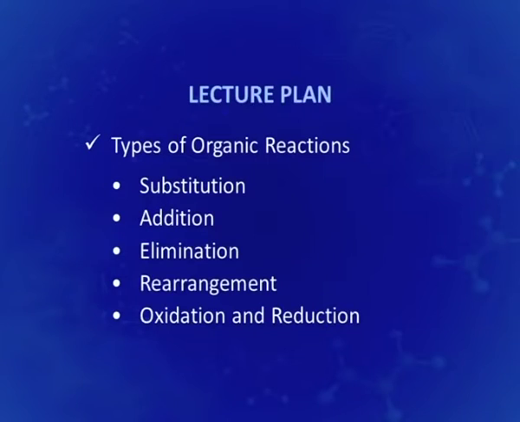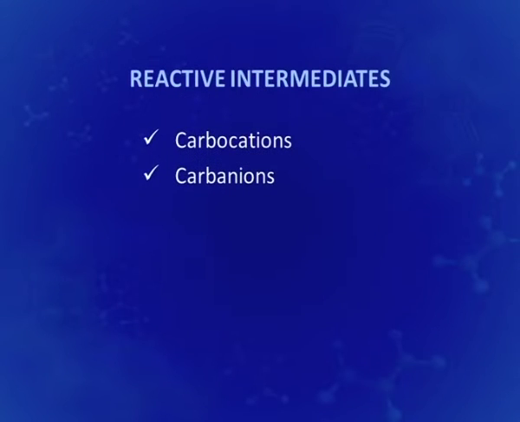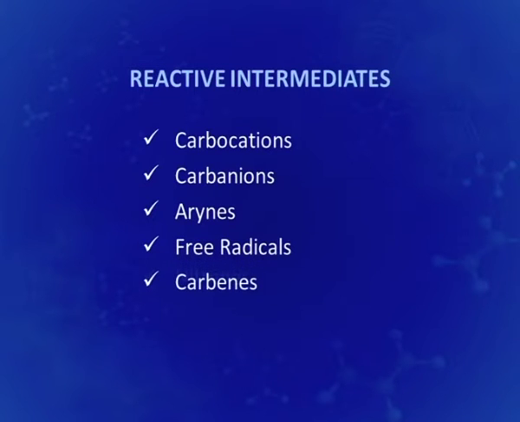We shall deal with these reactions in some detail with examples for each of the types. And also we plan to take up some of the reactive intermediates like carbocations, carbanions, arynes, free radicals, carbenes and nitrenes.